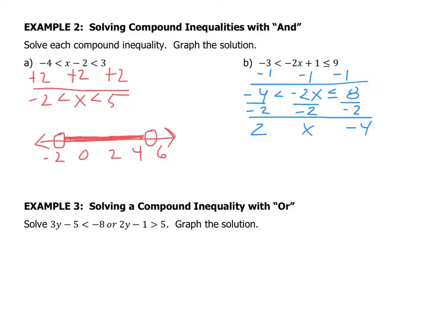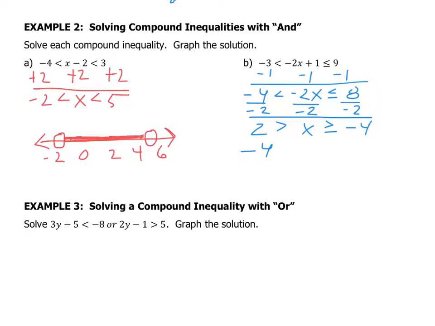But also remember, the symbols have to reverse. So now it's greater than. Now it's greater than or equal to. And then also what we want to do is make sure that we reverse this again, because I want this -4 to be on the left. Notice here that this symbol is saying greater than -4, but now I'm going to be putting it here and working backwards, so I've got to keep that in mind.